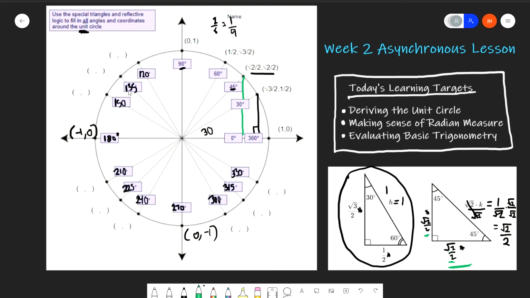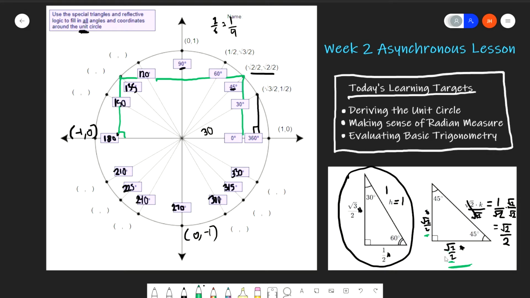This 135 degree angle, if you guys notice, is the exact same triangle, simply reflected across the y-axis, right? Do you see that? It's the same triangle reflected across the y-axis. It went from this coordinate, across the y-axis, over to right there. So what are this triangle's side lengths going to be?